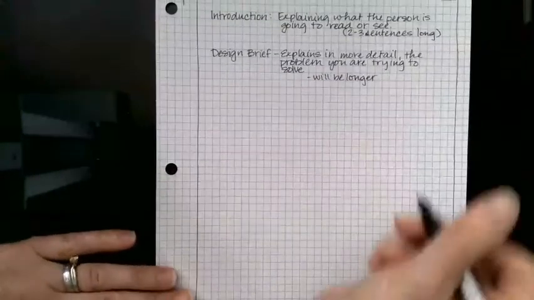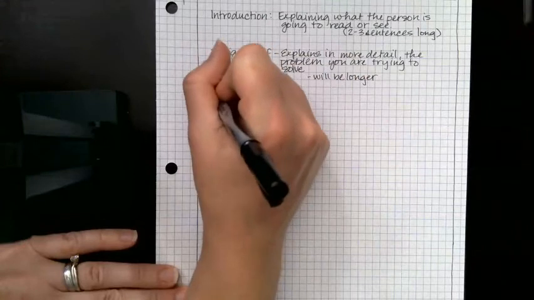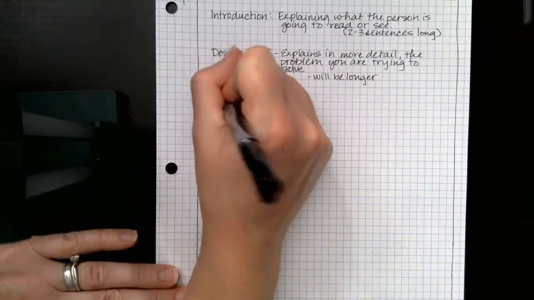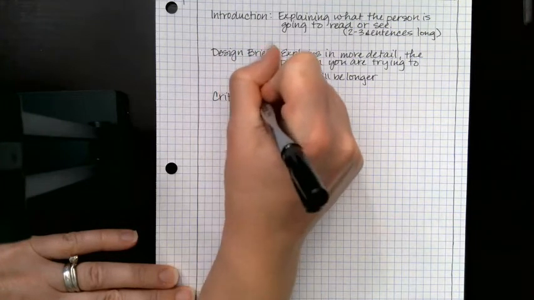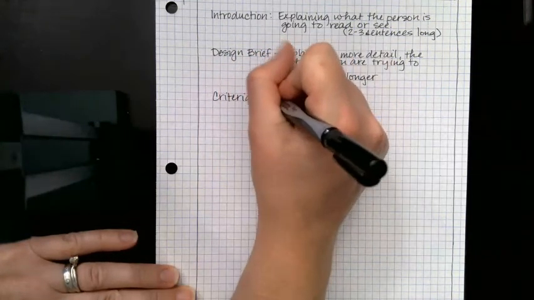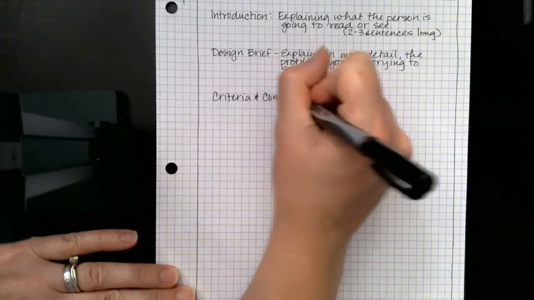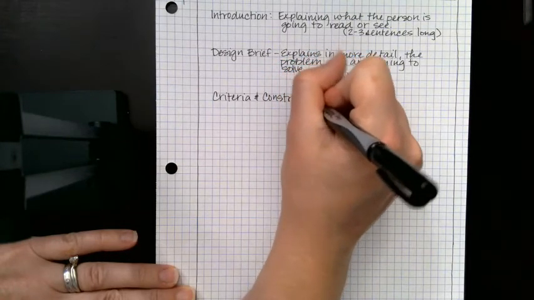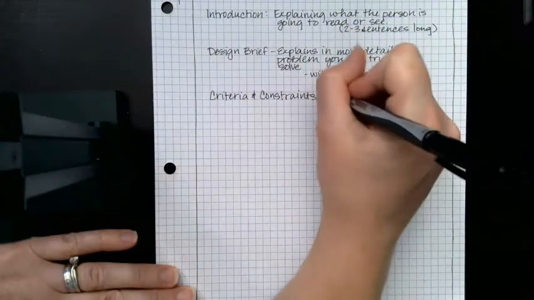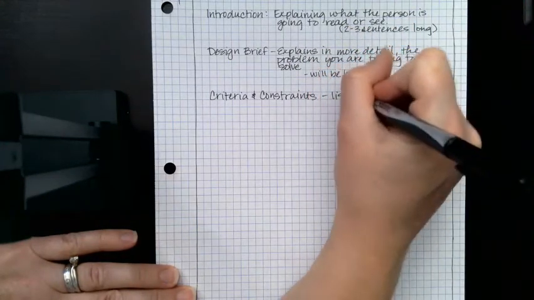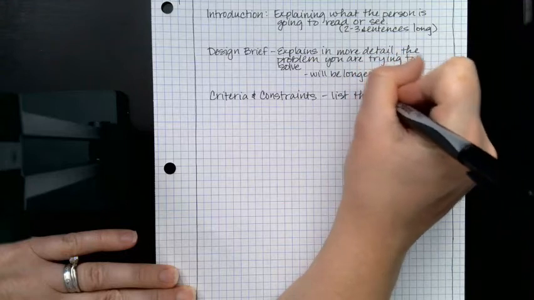And you'll have another section with criteria and constraints. You are going to list those items here.